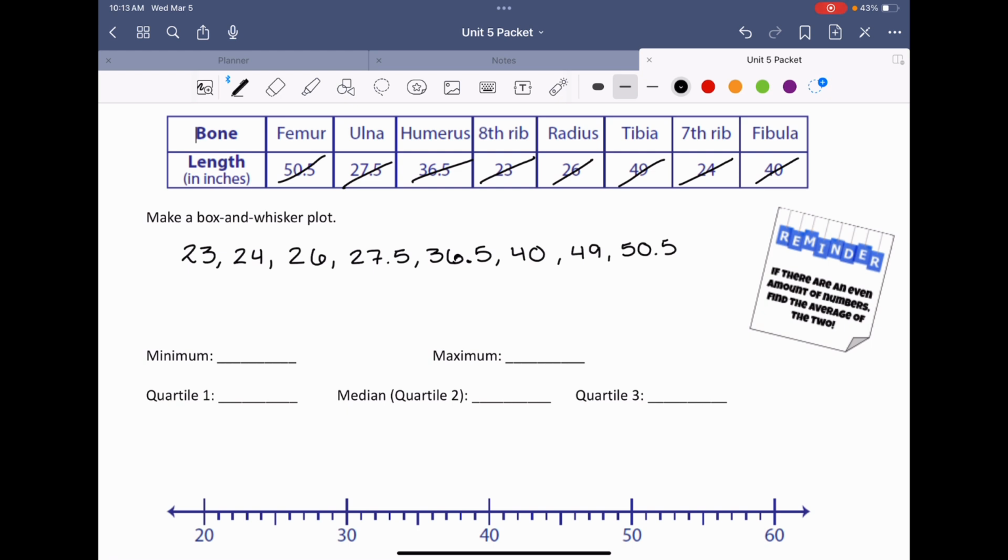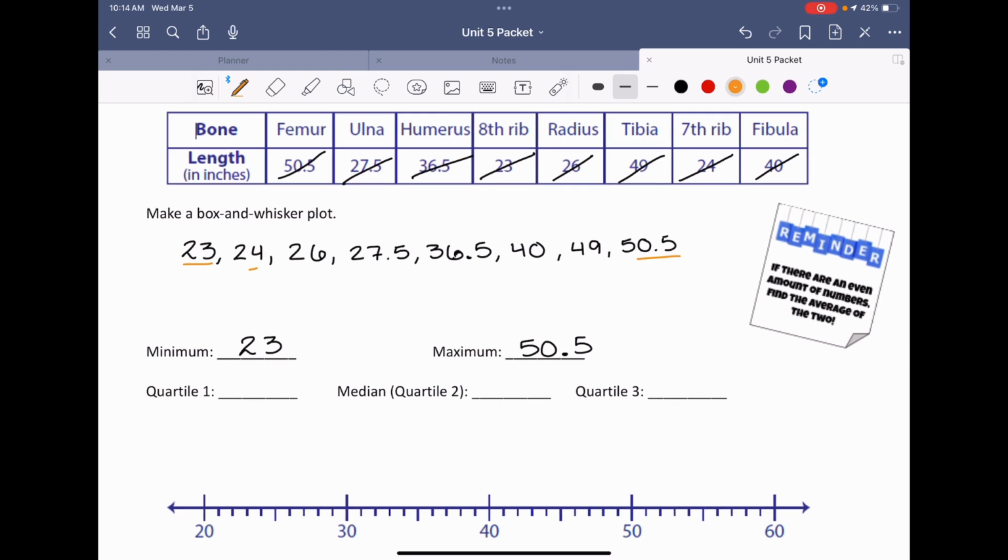So first thing we want to do is identify the minimum and maximum. Well, smallest value is 23. Largest value is 50.5. We've got 2 of our 5 numbers. Let's find the median first. So we are going to go ahead and underline back and forth, 23, 50.5. I'm going to keep going until I'm left in the center, so I have to find it.